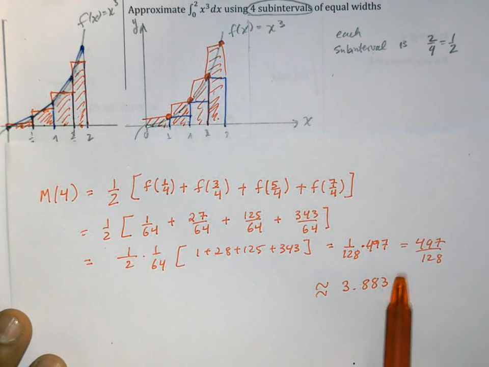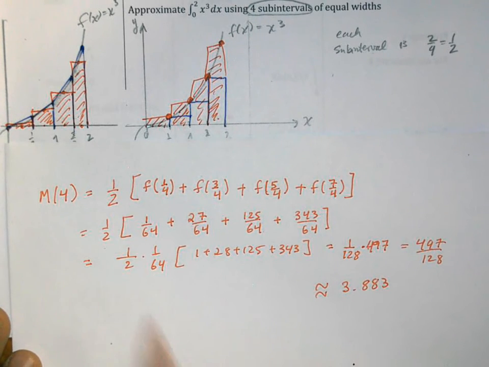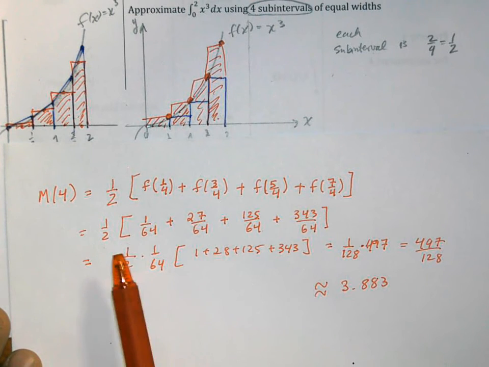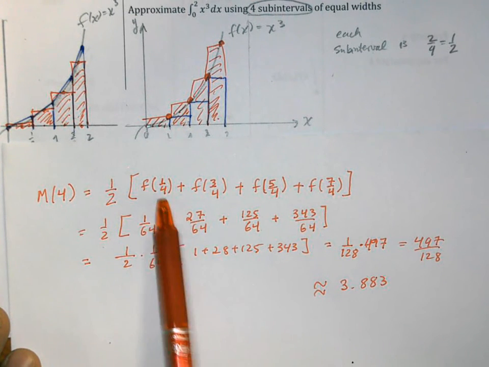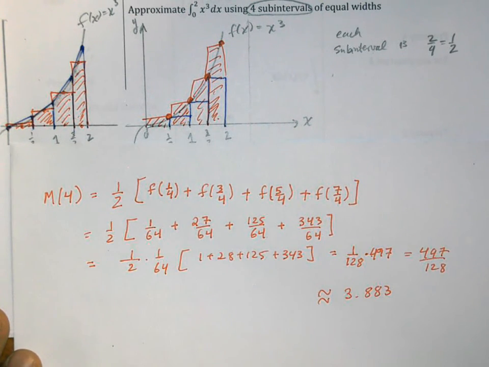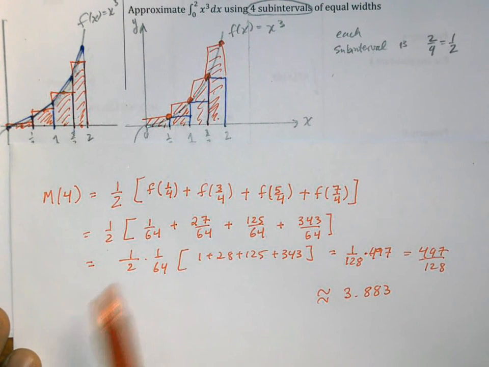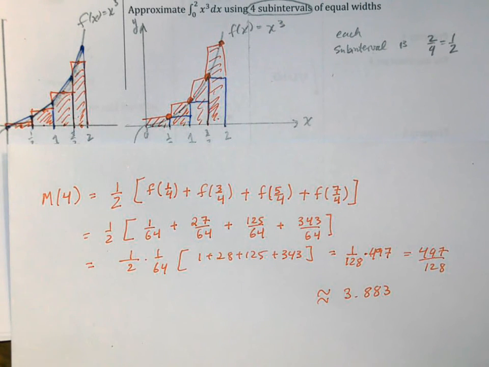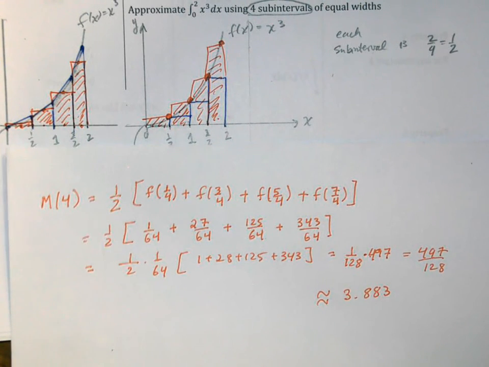Your calculator will, of course, take care of the rest. You are expected to know how to expand in terms of f, and then in some cases calculate what these f values are. If you're in an AP class, you're going to be expected to calculate these f values on some sort of non-calculator exam.